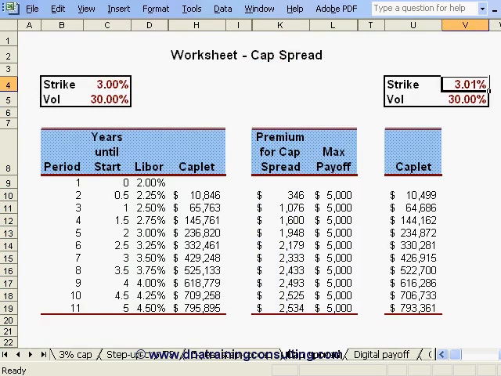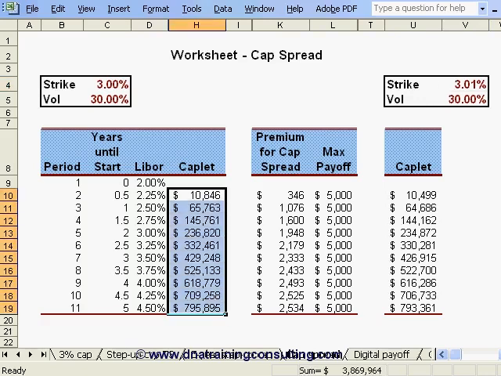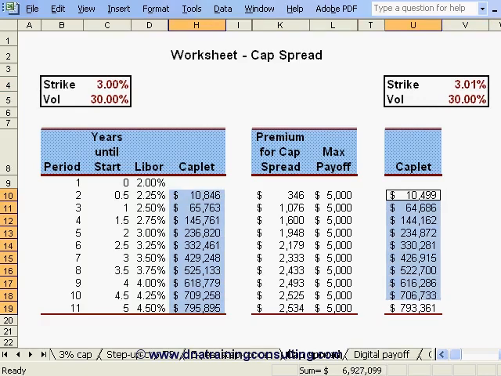Since this combination involves the purchase of the 3% cap and the sale of the 3.01% cap, the net premium paid by the investor would come to the difference between the first cap premium and the slightly cheaper second one.